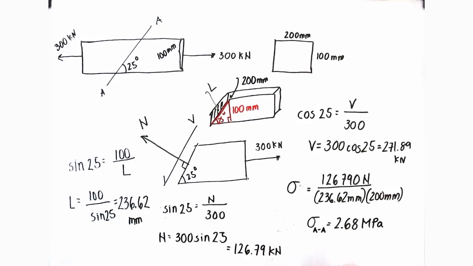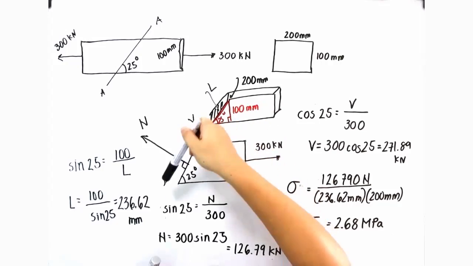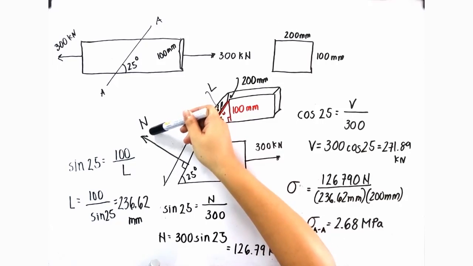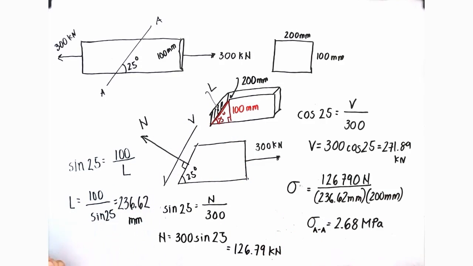megapascal. And for the shearing stress acting on section A-A, of course, the normal stress should point towards the left direction because our 300 kilonewton is pointing to the right. And of course, the shear force should act downward, somehow downward, to counter the upward effect of the normal force. To determine the magnitude of the shearing stress, you simply divide this value by the area that we're considering, which is technically 236.62 by 200 millimeter.